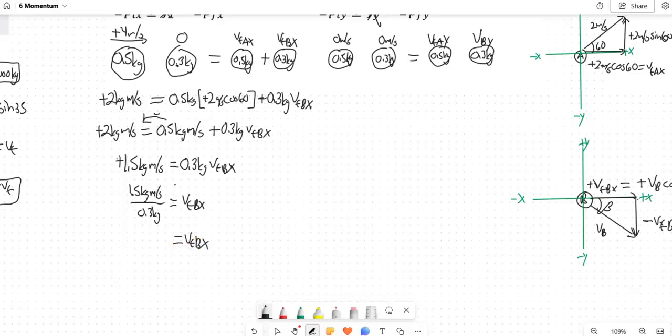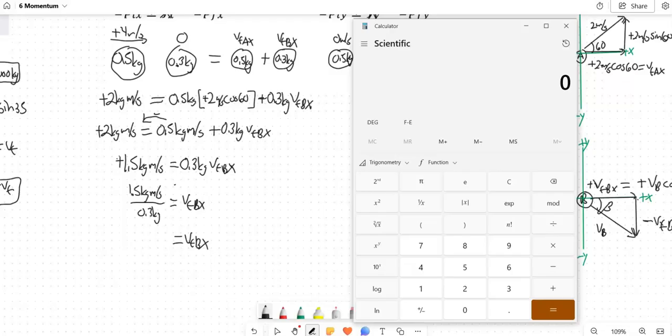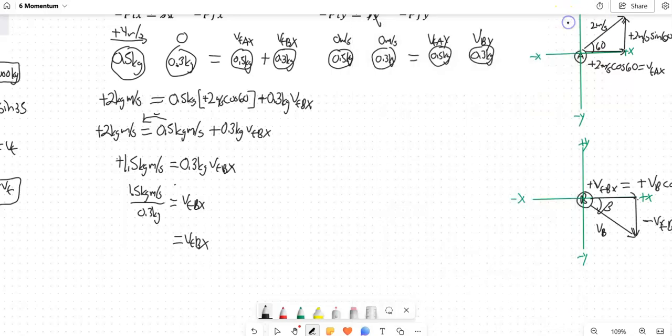All right, so 1.5 divided by 0.3 equals 5. I suspected that, but just didn't trust myself. So this is going to be 5 meters per second to the right.